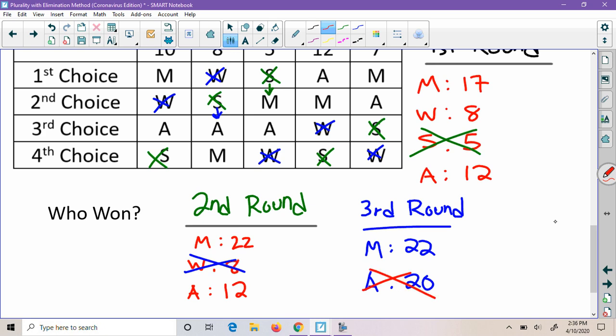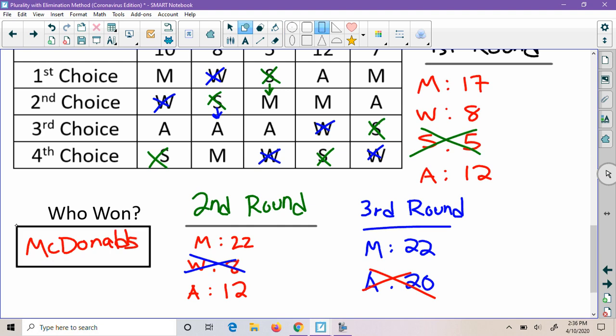So McDonald's is the winner. So a recap, you just go down the line, tally up the first place votes, eliminate the person with the lowest, and then you keep going, and you keep going, and you keep going.